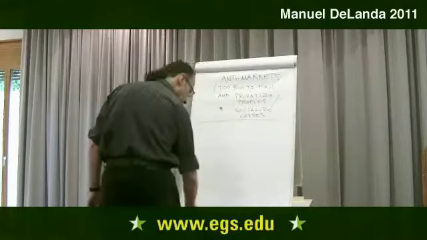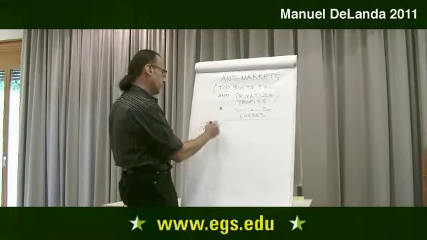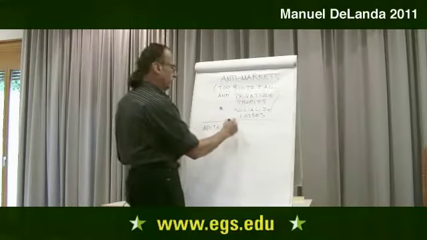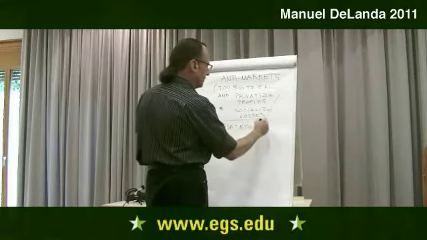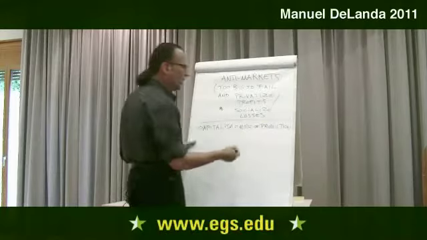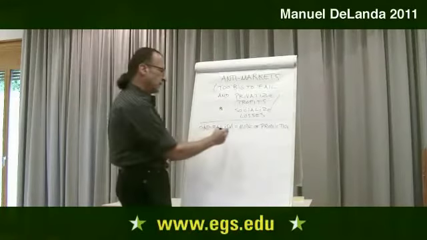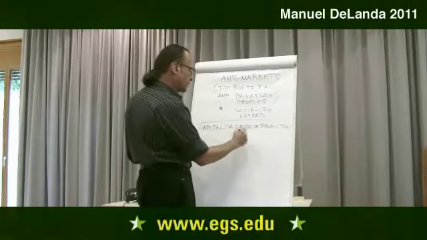For Marx, capitalism is defined as a mode of production, which in turn is defined by a mode of surplus extraction.